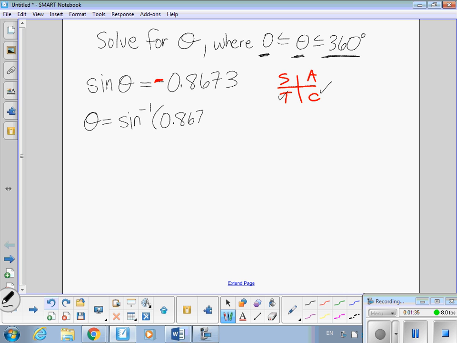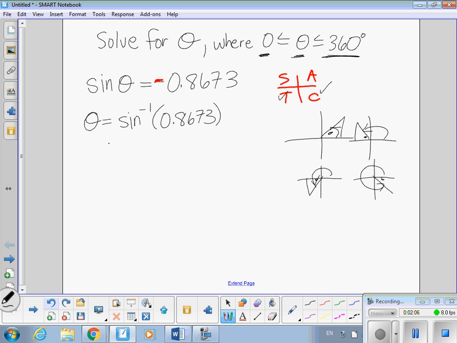Because by doing it this way, it's going to tell me what the angle is if it's here, what the angle is if it's here, what the angle is if it's here, and what the angle is if it's here. So if I use that positive one, I'm able to find numerous things. I can find the first quadrant, second, third, or the fourth. Okay, so that's why I'm taking the positive ratio.